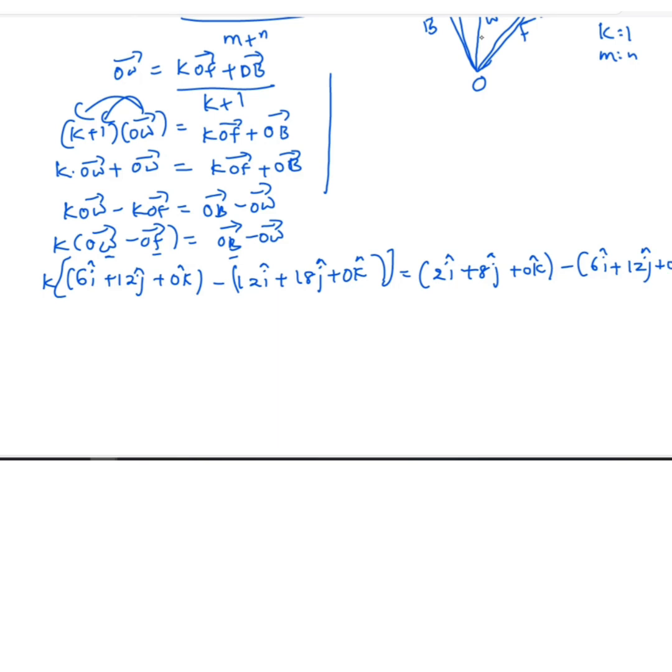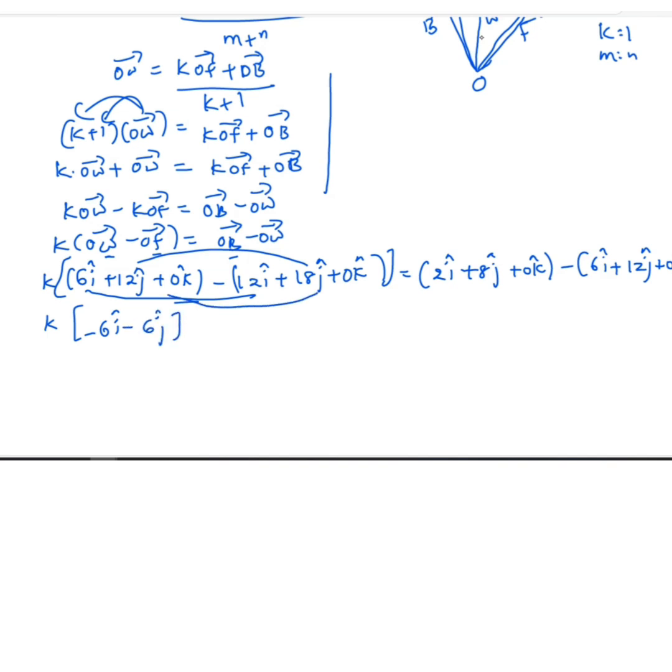So now simplifying this, we get 6 minus 12, that is minus 6i cap. Then 12 minus 18 is minus 6j. Then 0 minus 0 is 0.